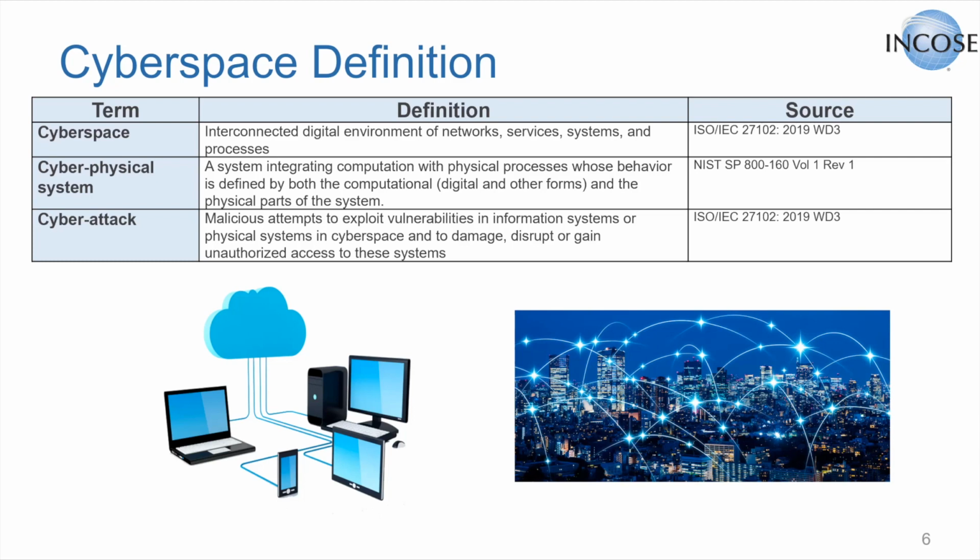So you've got hardware and software, but the behavior of the system is defined by both the computational forms and the physical forms of the system. And then a cyber attack is a malicious attempt to exploit vulnerabilities in either the information systems or the physical systems in cyberspace to damage, disrupt, or gain unauthorized access to these systems.